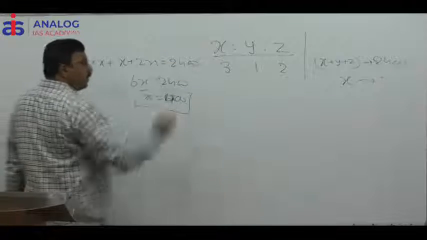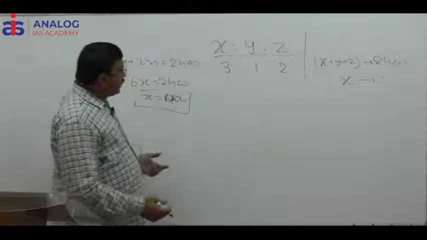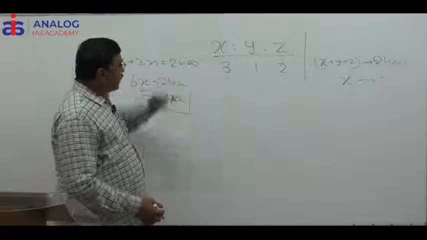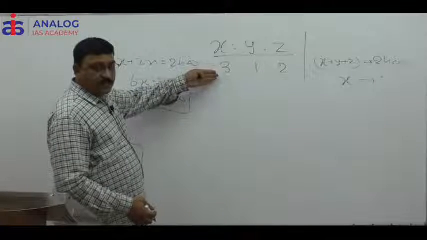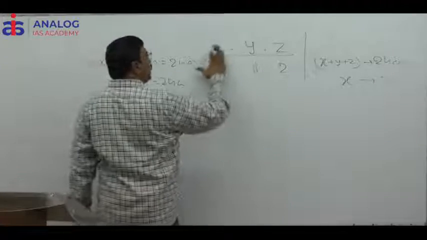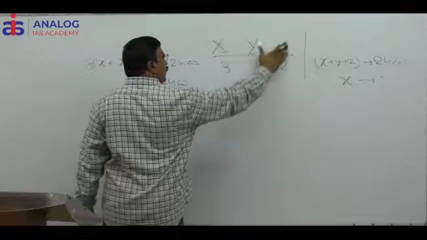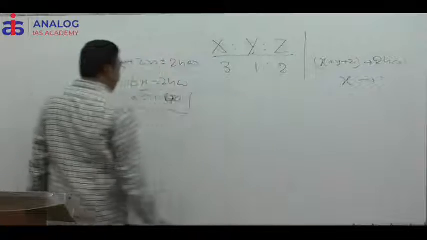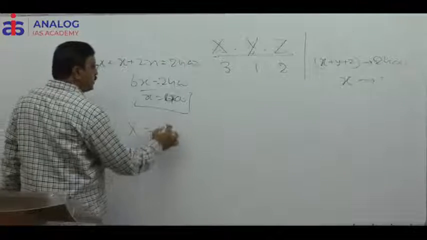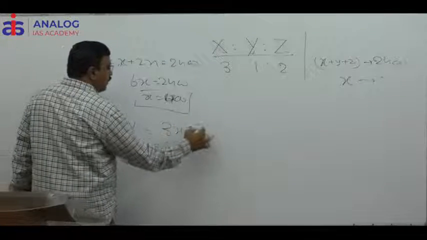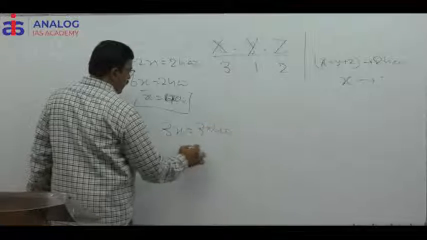Now come to that point. X's share is 3x, that's why it is 3 into 400, 1200.